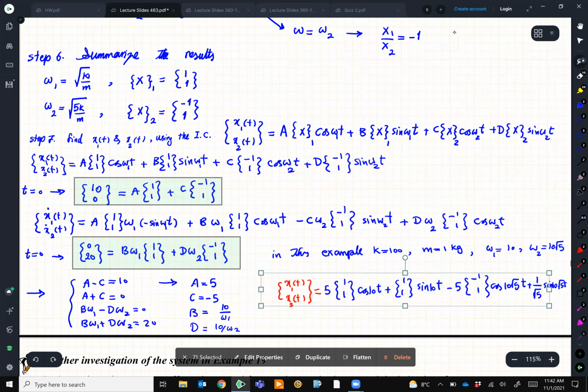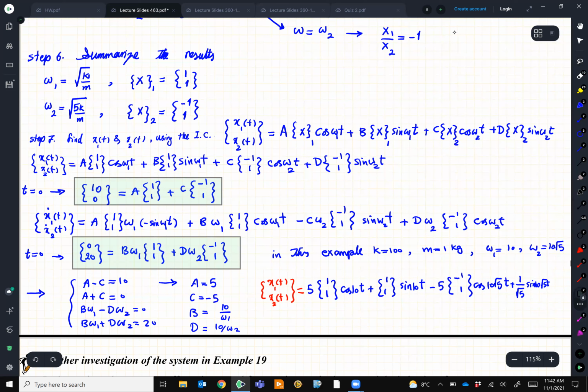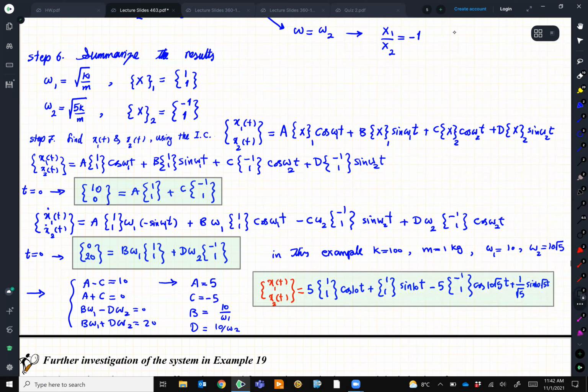So we managed to find x1(t) and x2(t). Each of them is an independent equation, and each of them has sine and cosine in it, with the frequencies coming from omega 1 and omega 2. I'll let you write them separately, because the first row is my x1, the second row is my x2.